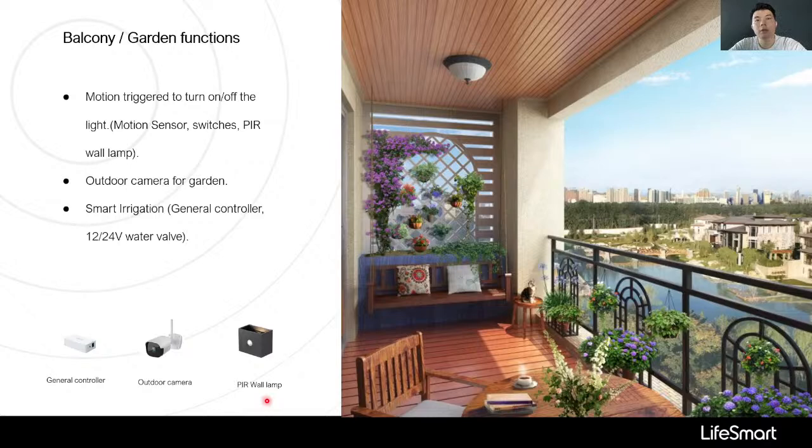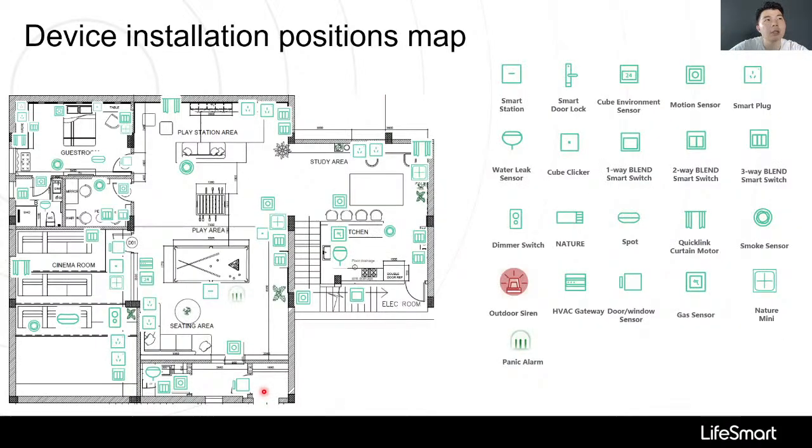Above are the seven functions for the different areas or rooms. Next, the second module is a device positions map. Here you can see it's a floor plan with devices added.